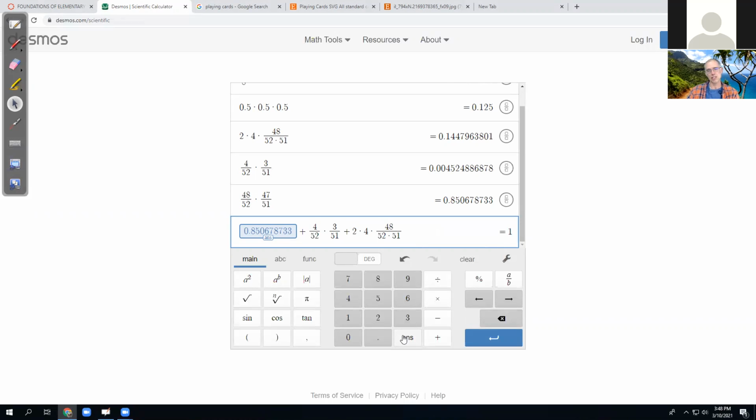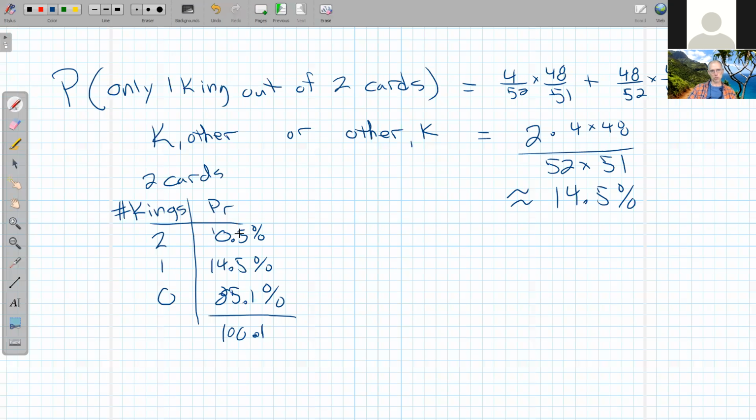I should get exactly 100% if I let the computer deal with the rounding. Okay, so we just got a little bit of rounding error. That happens sometimes when we approximate the fraction versions of it.